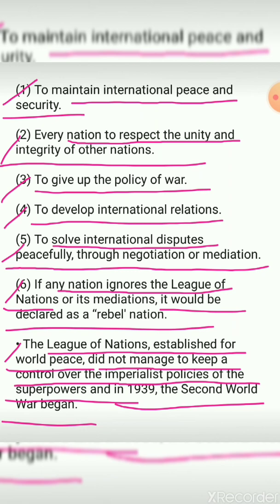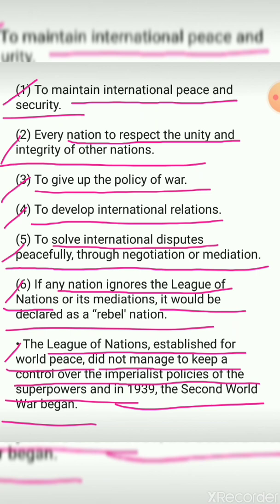So students, we complete the chapter here, that is the First World War and Russian Revolution. Theory will be given to you and even the PDF will be sent to you. The questions which will be given to you, everything will be sent by video and also by PDF. You need to write it in your notebook with the day and date.